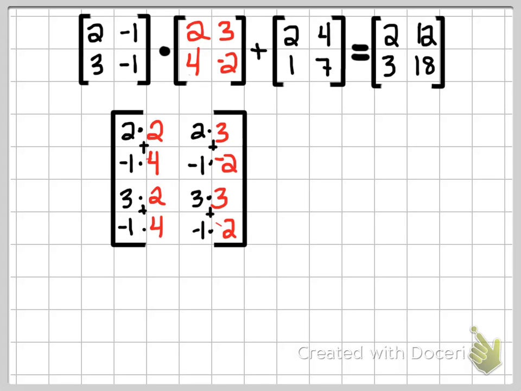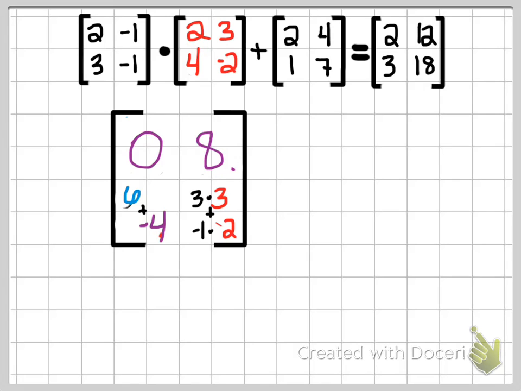So simplifying, we get 4 added to a -4, and it becomes 0. Our second element, we have 6 increased by 2, makes 8. And our third, we have 6 increased by a -4, which leaves us with 2. And our fourth element, we have a 9 increased by 2, which leaves us with 11.